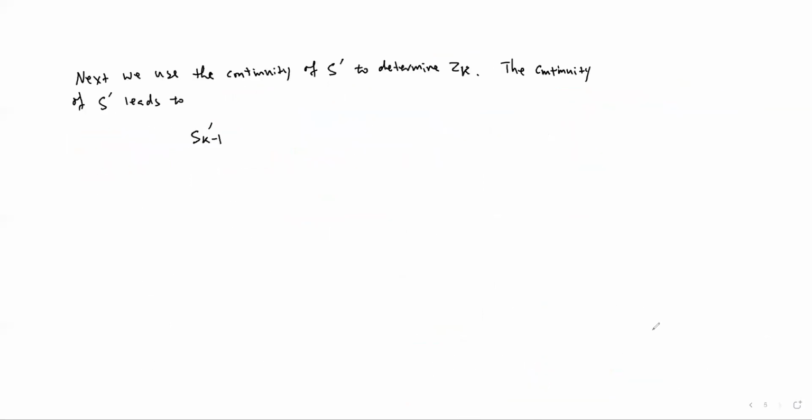So we have S_{k-1} derivative at t_k should be equal to S_k derivative at t_k. What we are concerned with are the interior knots, that means k is 1, 2, up to n minus 1.